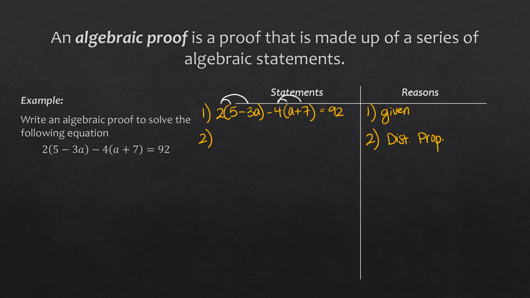Okay, so what is my result of using the distributive property? We have, let's see, 10 minus 6a minus 4a. Notice we're distributing the negative 4, minus 28 all equals 92.